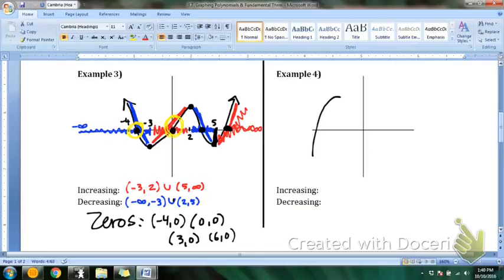Okay, so this is what it should look like. All right, so see what you can do with increasing and decreasing on your own paper.